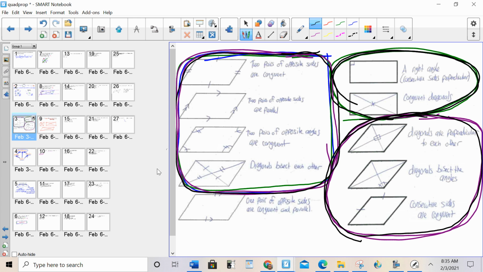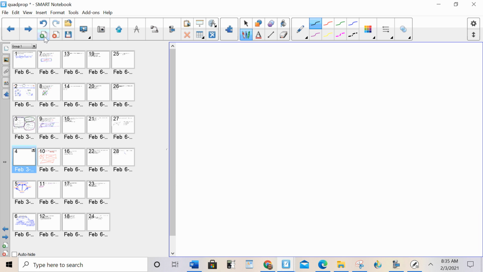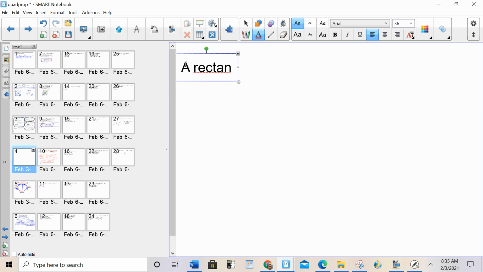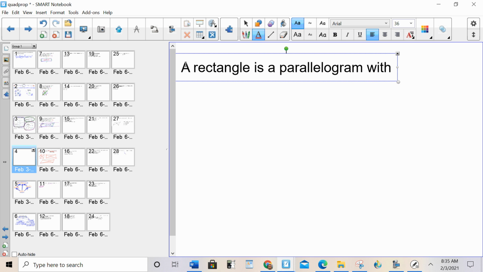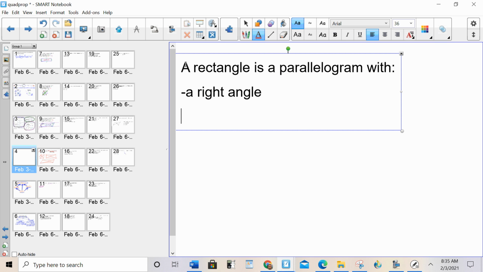So, to kind of sum this up, a parallelogram, I'm not going to write that, you have to prove one of those 4. A rectangle is a parallelogram with one of its 2 properties, a right angle or congruent diagonals.